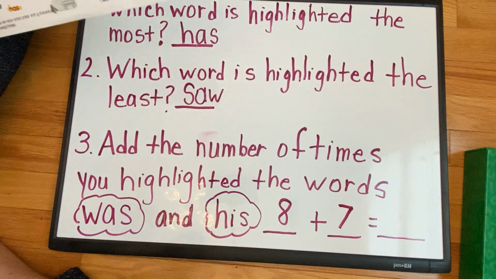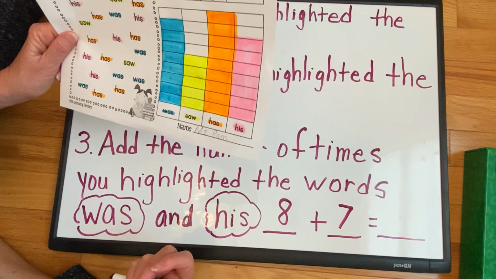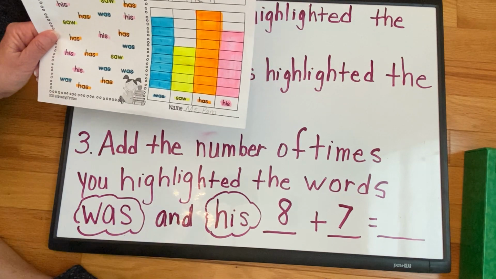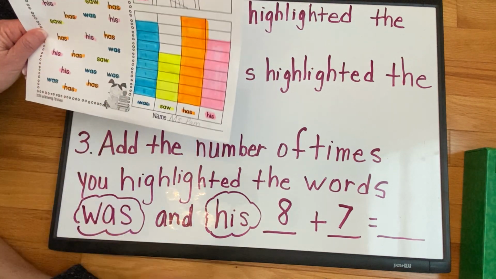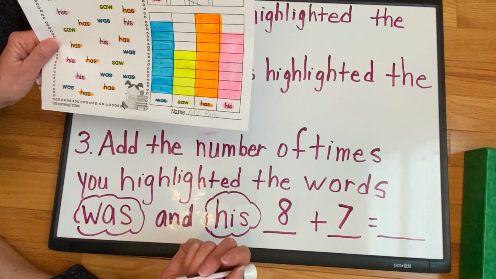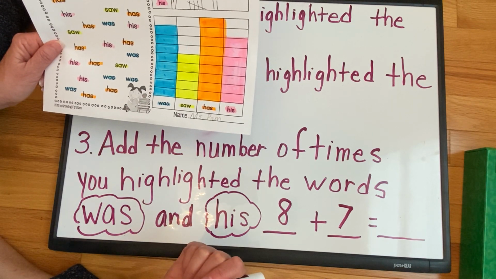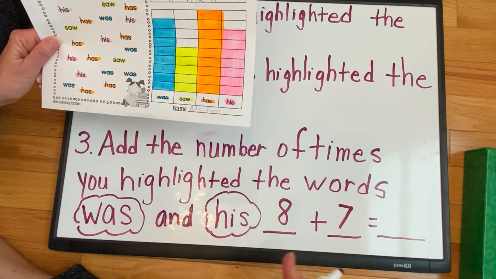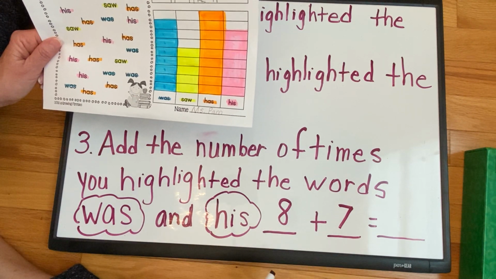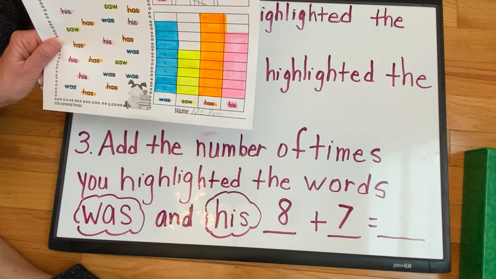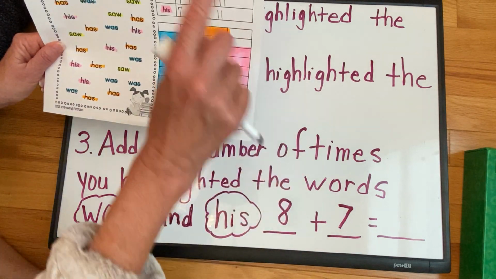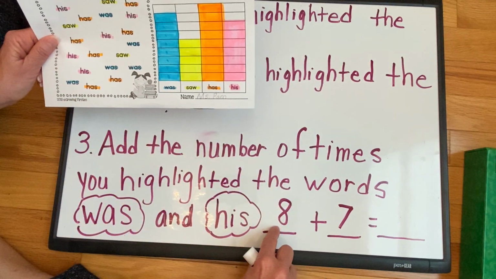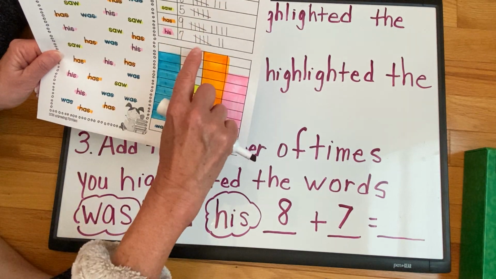Now, I don't know if you have your number lines with you. If you don't, that's okay. We can figure this out using our tally chart and our graph, or if you want to grab your number line and see if you can find out the total of 8 plus 7, you can use your number line. But if we use our tally chart, we know that we're going to start with the number 8 because that's the first number, and we're just going to add on 7.